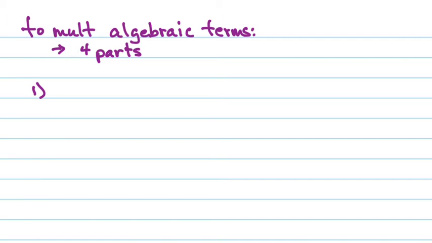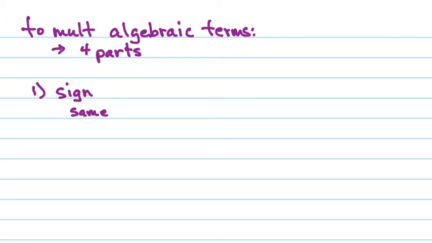So the first part of every term is its sign. And so when we're multiplying, the first thing we're going to do is determine the sign. Now in the work we're going to do today, everything is always positive, so it's not so important because if they're both positive, the sign is going to be positive. But just for your own sake, I want to remind you a little bit about the rules.